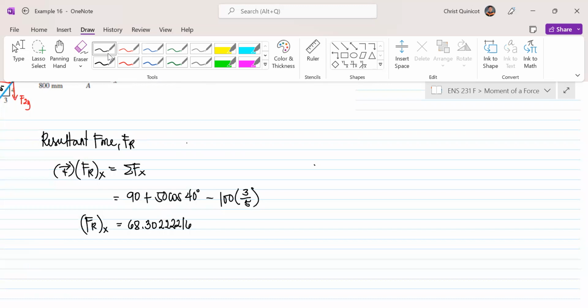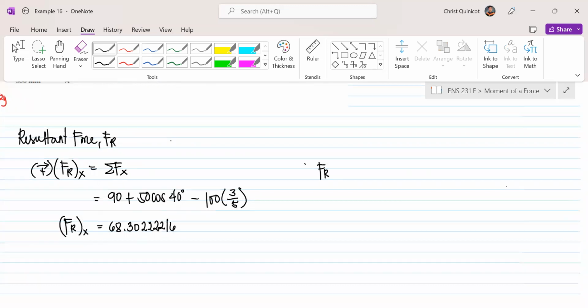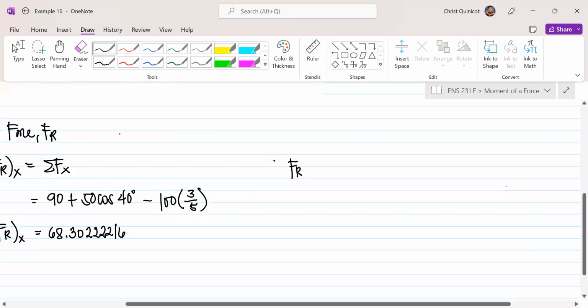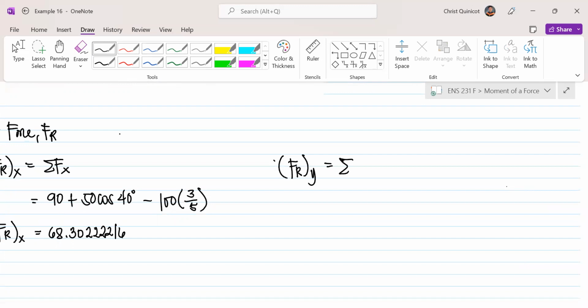And then the summation, the y component of our resultant force is equal to the sum of all the forces in the y direction, assuming upward positive.